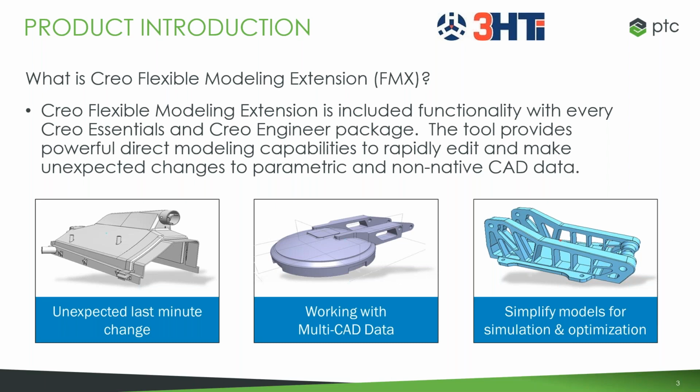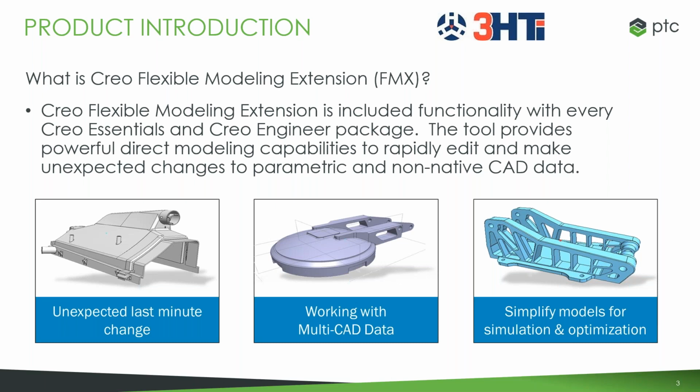So this is really good for last minute design changes where I'm trying to edit something that might be a child to 100 different things, and who knows what it's gonna cause to fail up the tree. But with flexible modeling, I can just go ahead and make the change, move the feature that I need to, and be done with it.